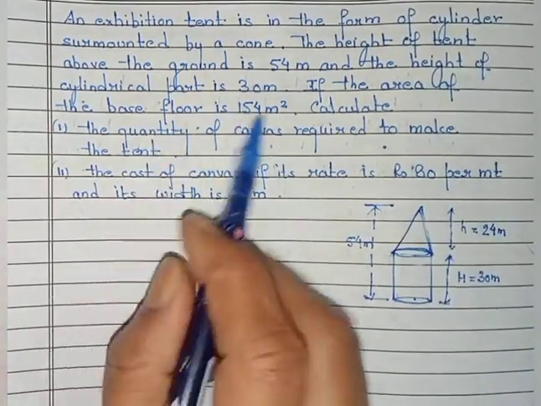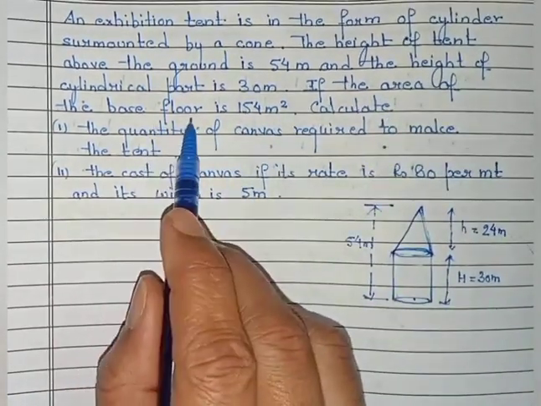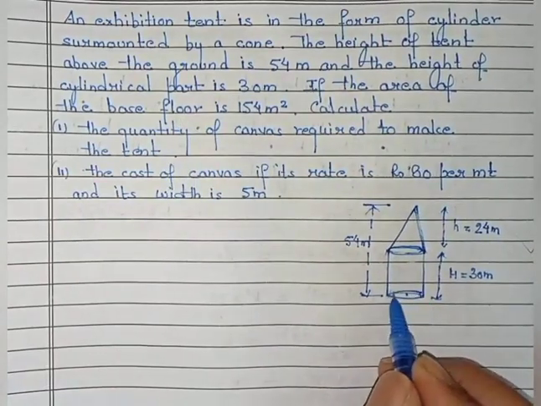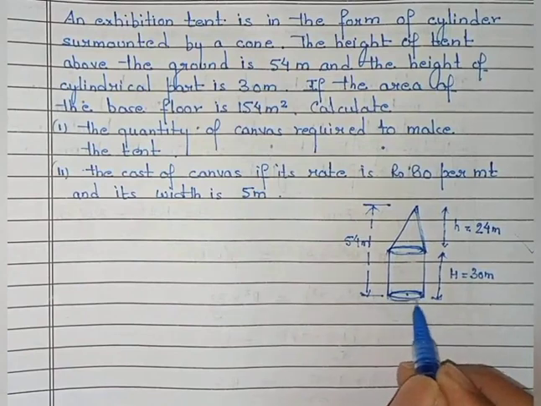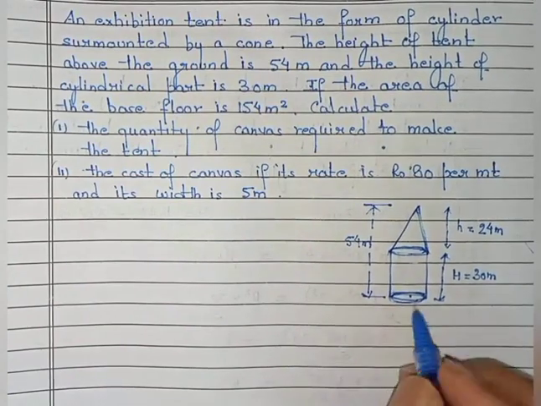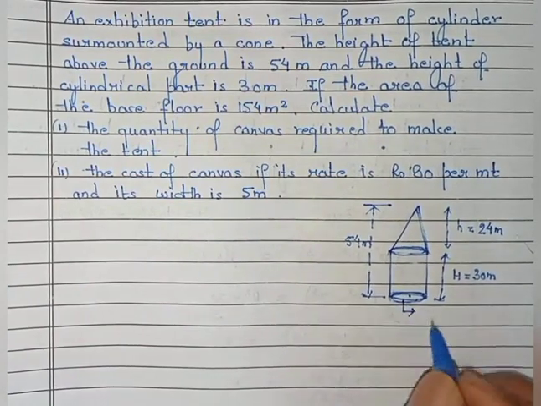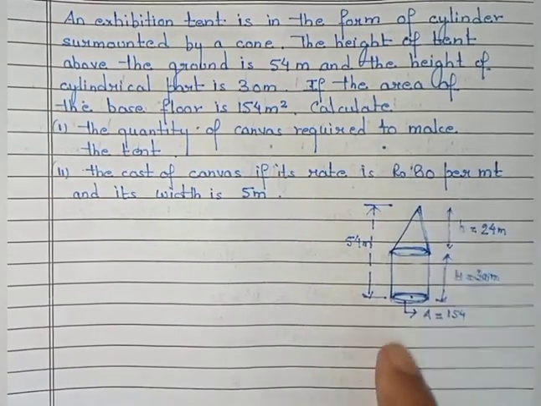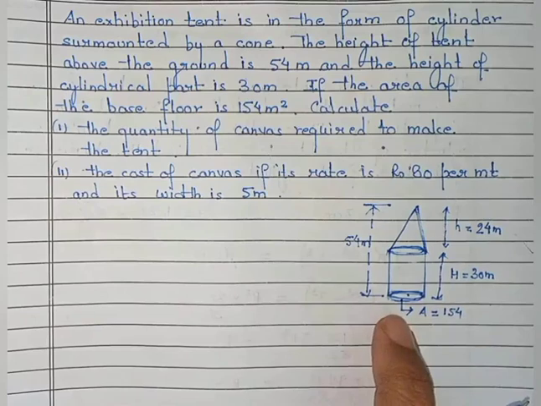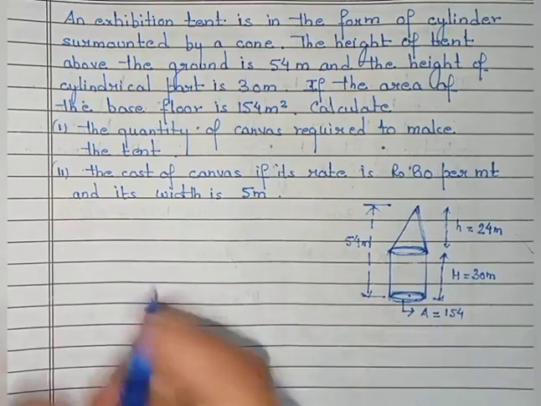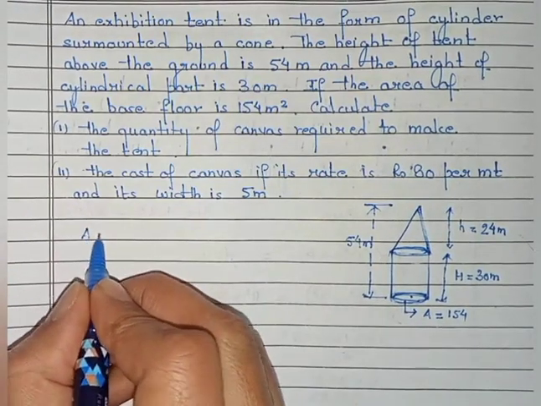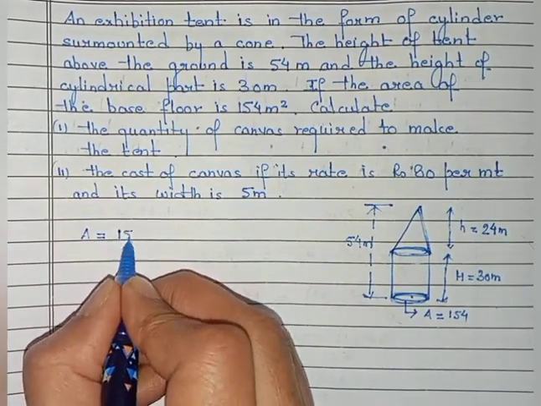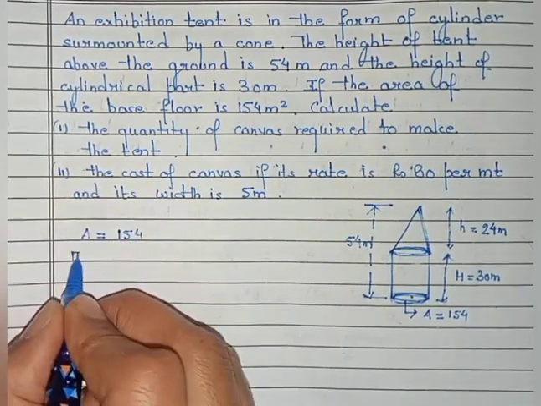Okay, what else is given? The area of the base floor. This base floor is circular in shape, so they have given you the area of this circular portion, 154. Applying the formula for the circular base, it is pi r square.